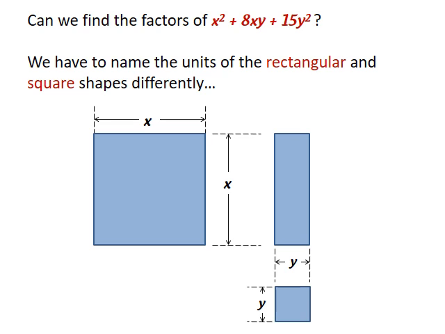And the one unit becomes y into y. So the area of the bigger square is x square, the area of the rectangle is xy, and the area of the smaller square is y square.